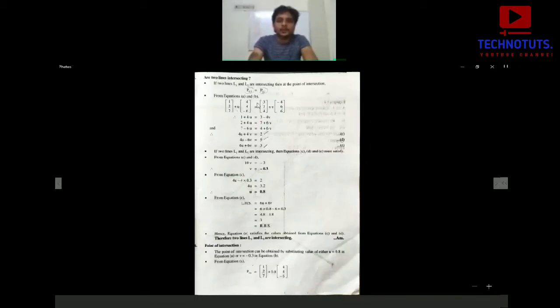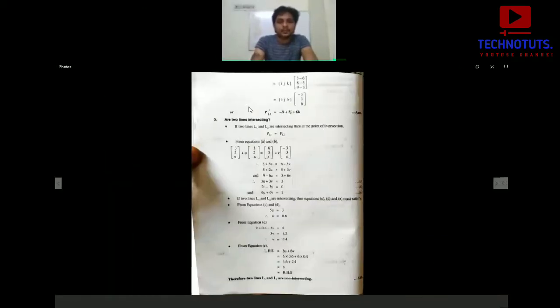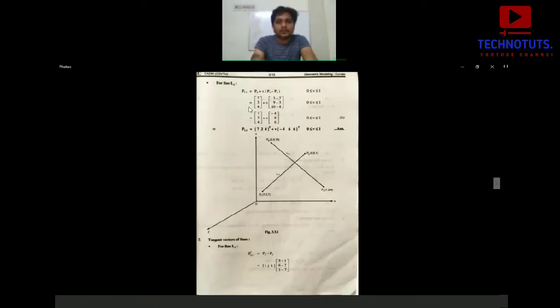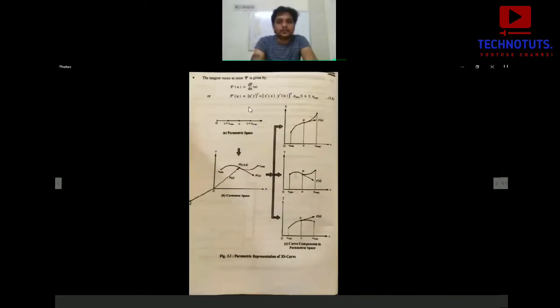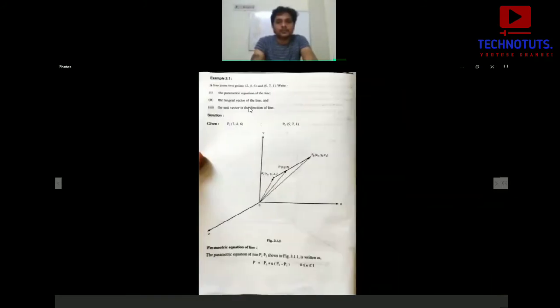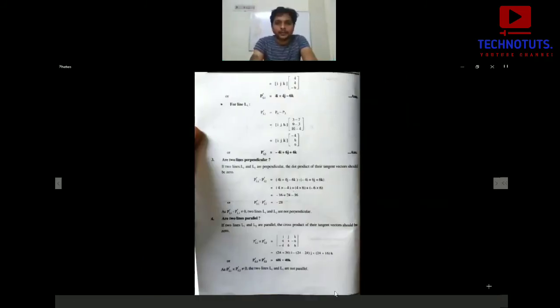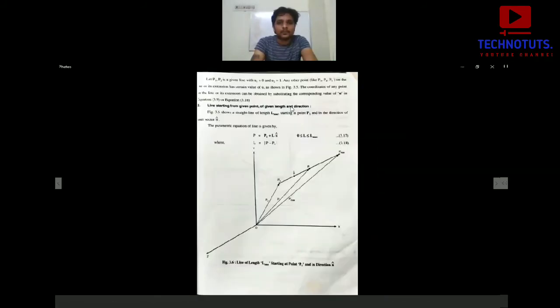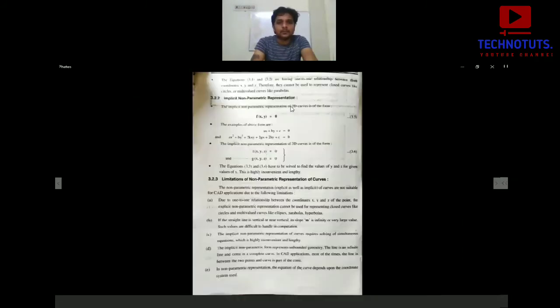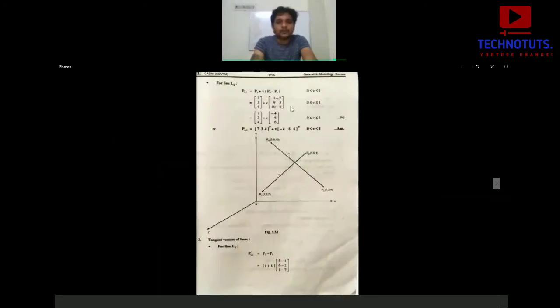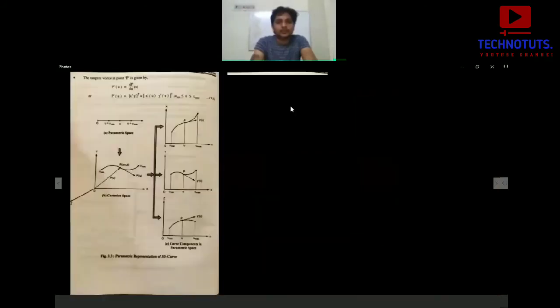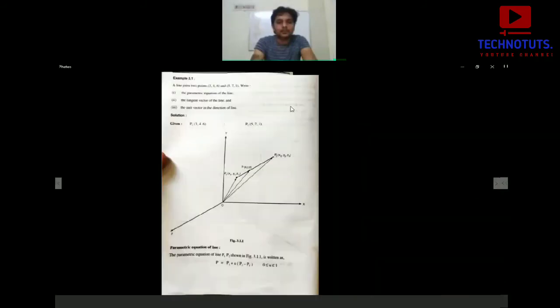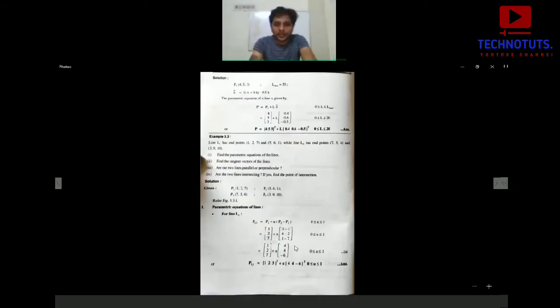Okay. So from equations A and B. This is equation number A. And similarly, we have obtained the parametric equation for line number 2, that is equation number 2.